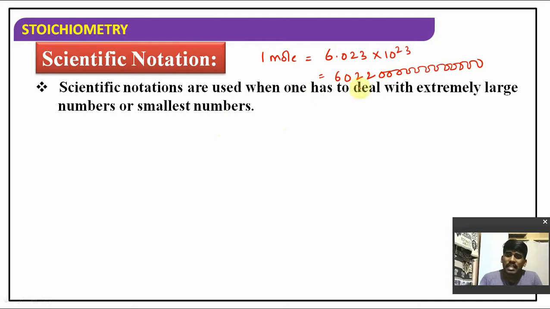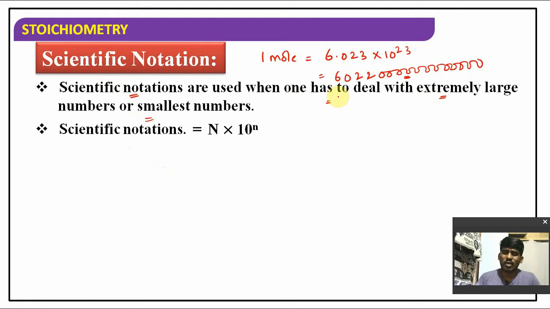So guys, we need to handle extremely large numbers or sometimes extremely small numbers. In such cases scientific notation is used. One has to deal with extremely large numbers as well as the smallest numbers.